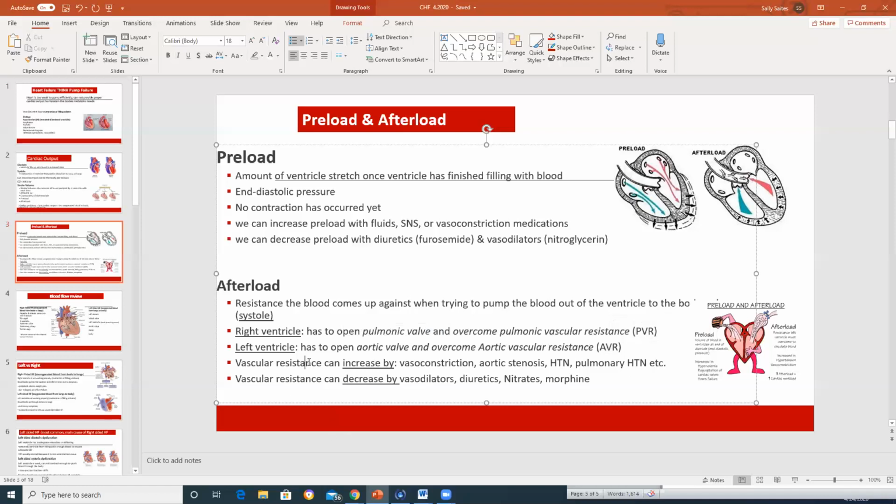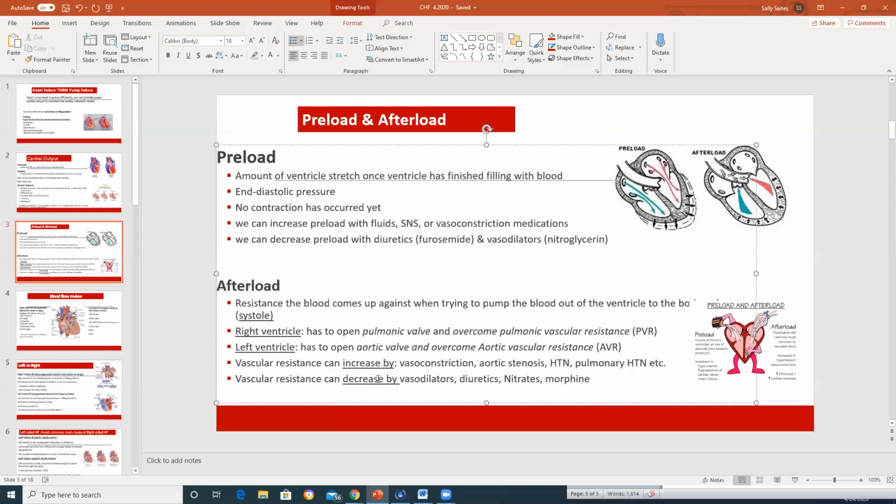So we can also manipulate the afterload. The afterload we can increase by using vasoconstrictors. The vascular resistance can increase if we have vasoconstriction, aortic stenosis, hypertension, or pulmonary hypertension.